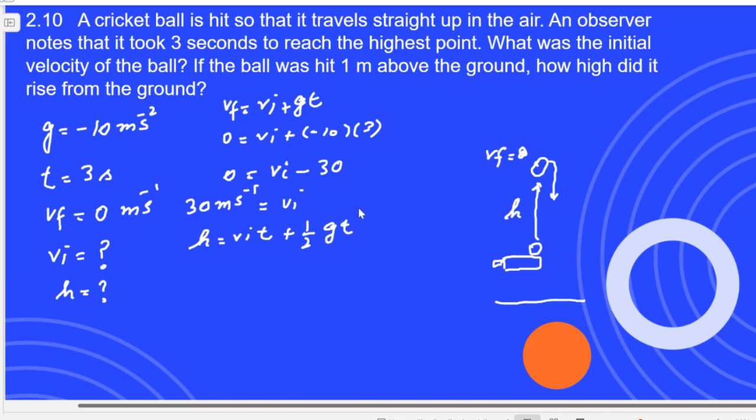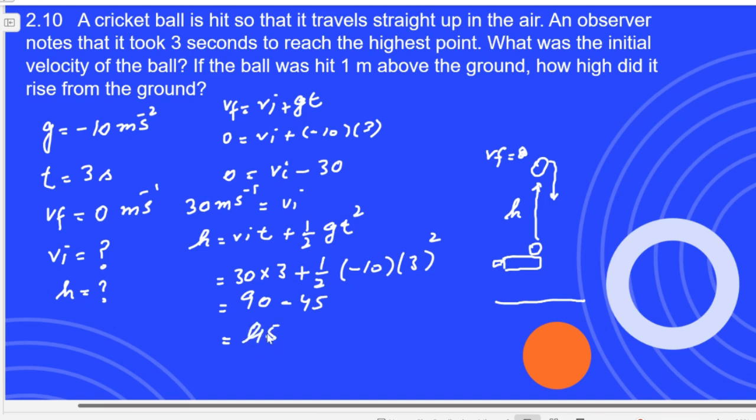Now putting the values, Vi is 30, and the time was 3 seconds, plus 1/2, the value of g is negative 10, and again time is 3, but this time it is squared. Simplifying, we get 90 minus 45. So it will reach a height of 45 meter.